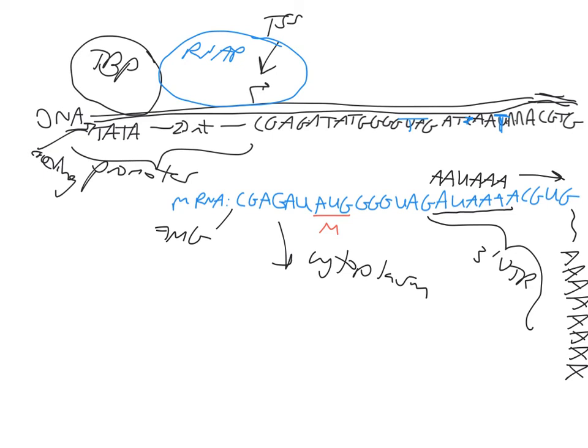So it's reading from the 5' end of the messenger RNA. It binds the cap, which is by definition at the 5' end. So it's reading 5' to 3', AUG, and then what happens?